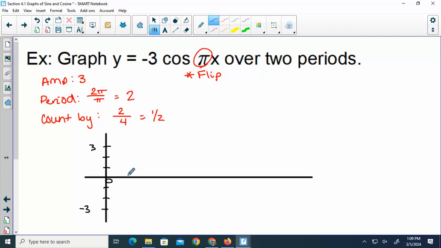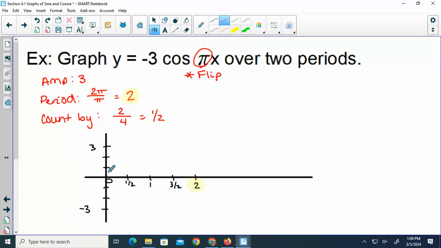It takes 5 points total to get your first period: 0 and then 4 after that. Okay, but I'm adding my count by each time. So 0 plus 1/2 is 1/2. Plus 1/2 is 1. Plus 1/2 would be 3/2. Plus 1/2 would be 2. Where have we seen 2 before? That's our period.